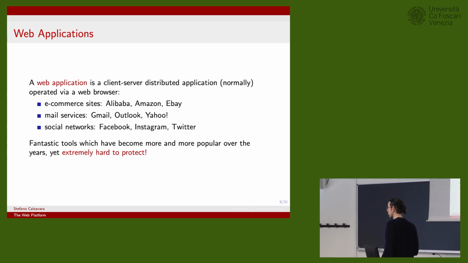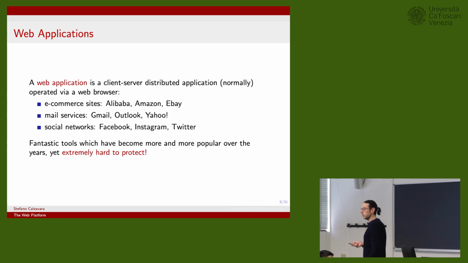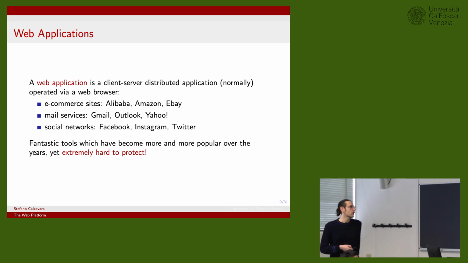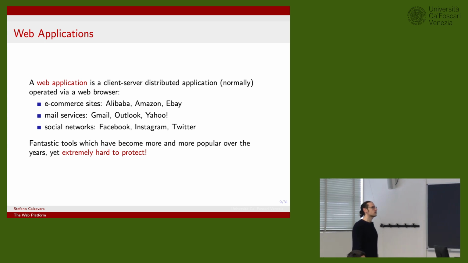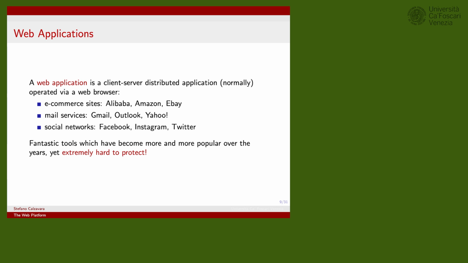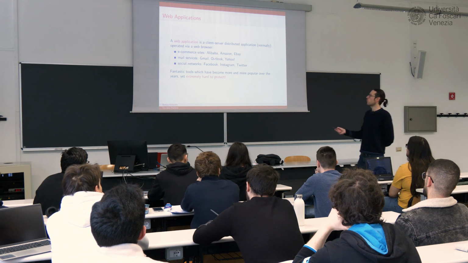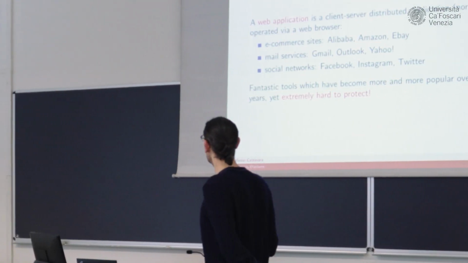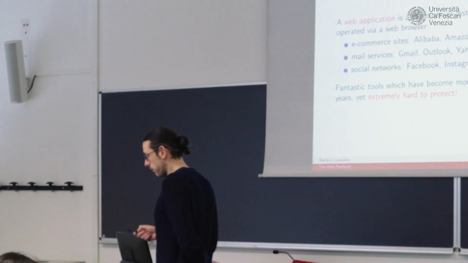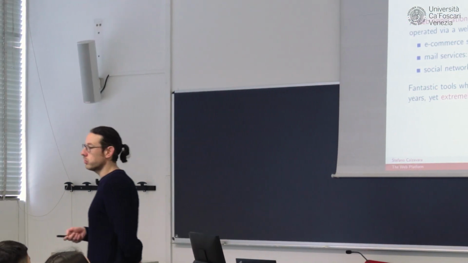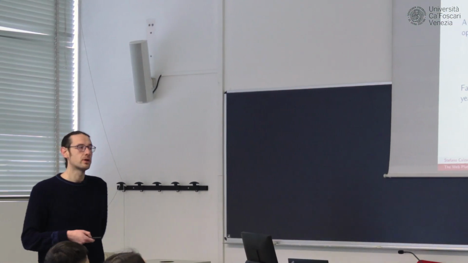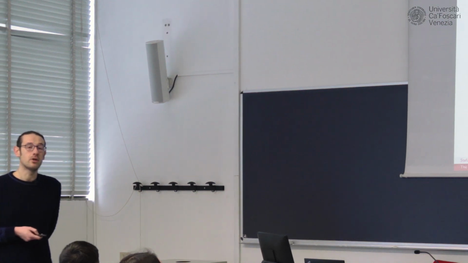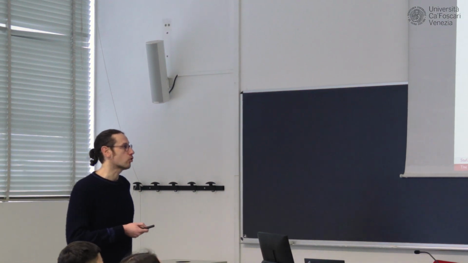And finally, we have social networks, another example of prominent web applications, such as Facebook, Instagram, Twitter. We use them on a daily basis, but the key problem is that they're very hard to protect. So ensuring the security of services like this one is very complicated, and major players here have teams of security engineers who are in charge of raising the level of security of their web applications.